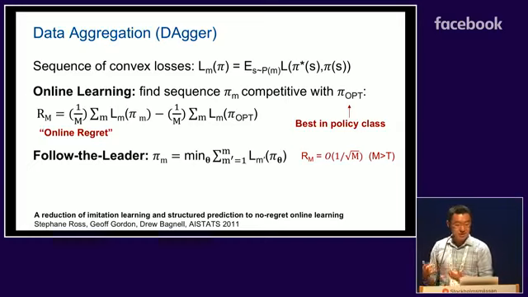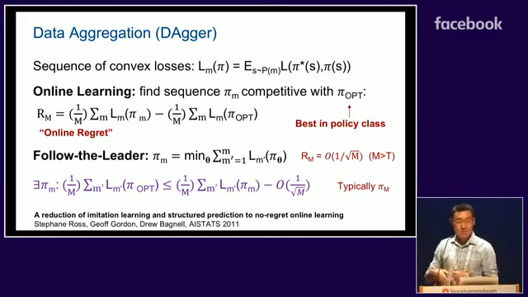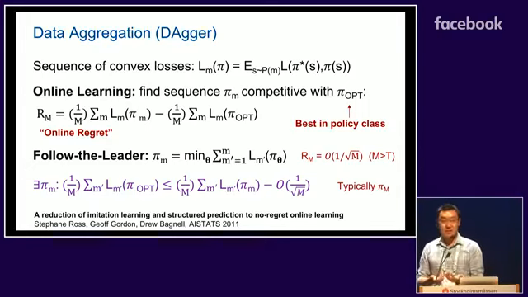And this has regret that is sublinear in capital M, which is the number of rounds of training, which means that we quickly converge to pi sub opt. And the implication then is that there exists a policy that we've trained, pi sub little m, that is competitive with pi sub opt.